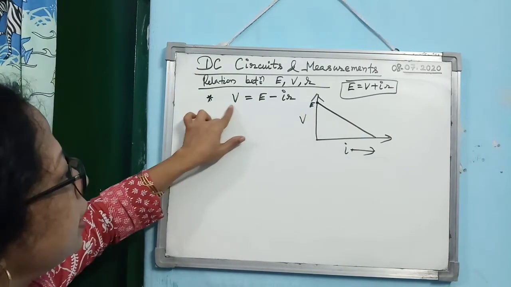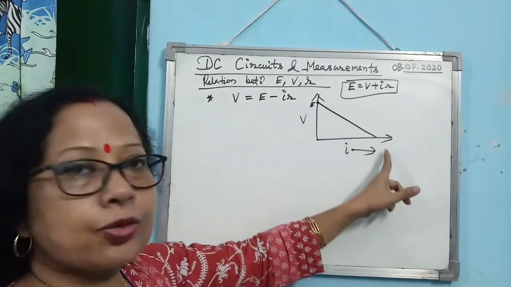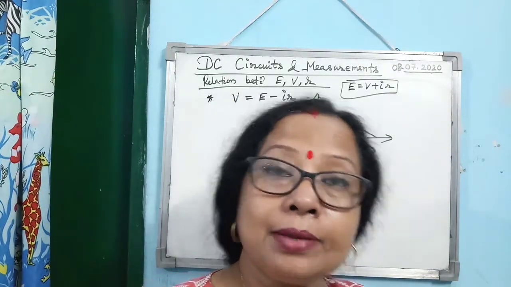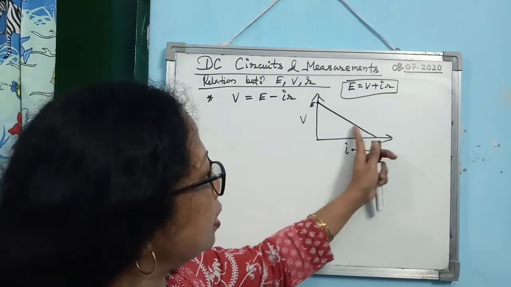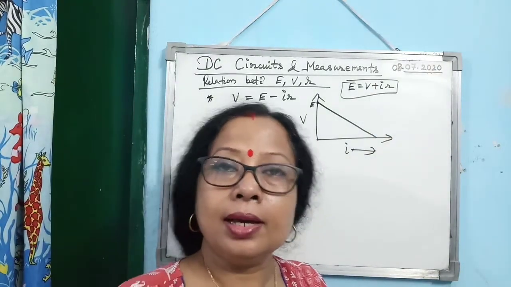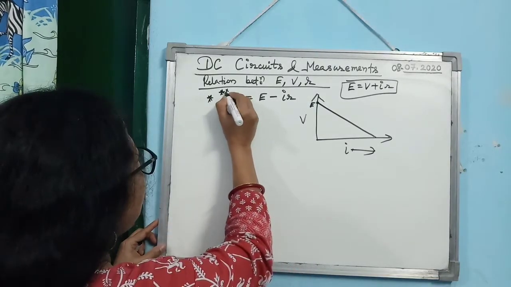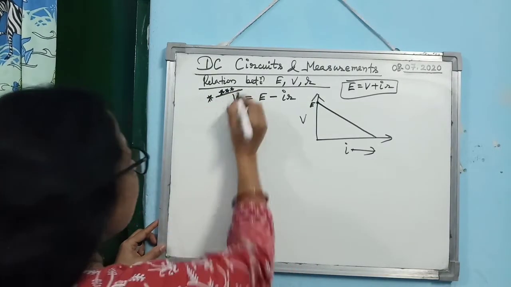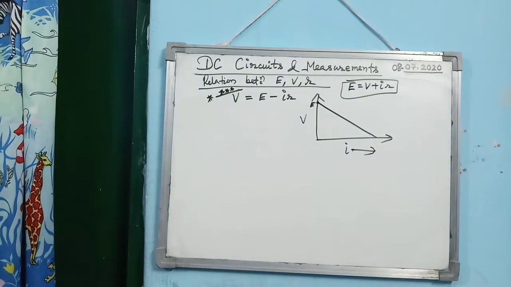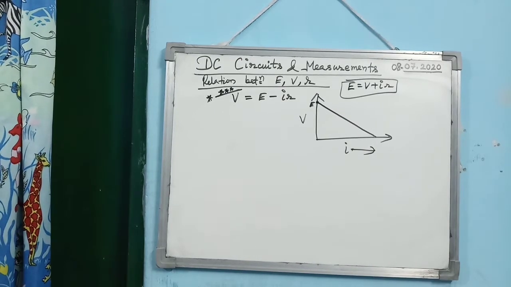So the V versus I graph will be a straight line with a negative slope. It is making an obtuse angle, so it has a negative slope. This is also a very important point. You must learn it and remember it. It is important for all kinds of exams, competitive exams and board exams also.